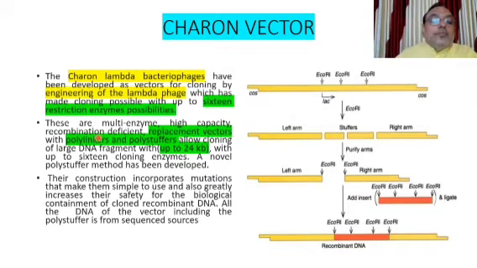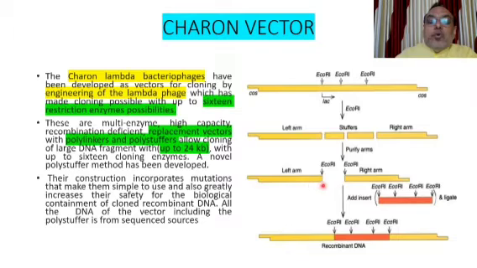So, replacement vectors with polylinkers. In the last slide, we have seen that we were replacing a chunk of DNA of the vector, that is the lambda bacteriophage, by the DNA which was to be propagated.